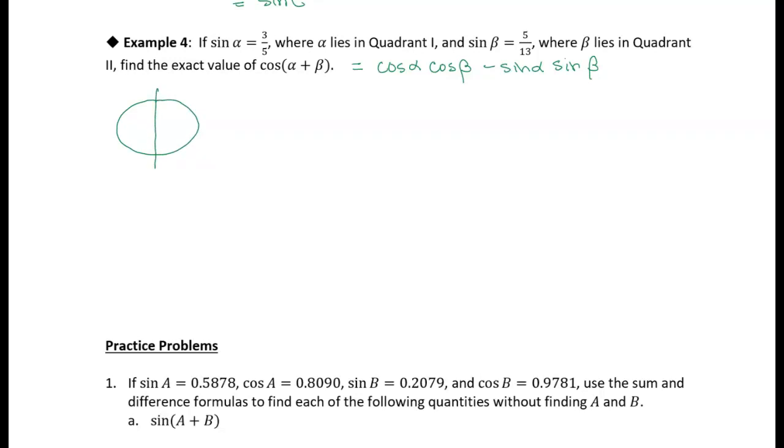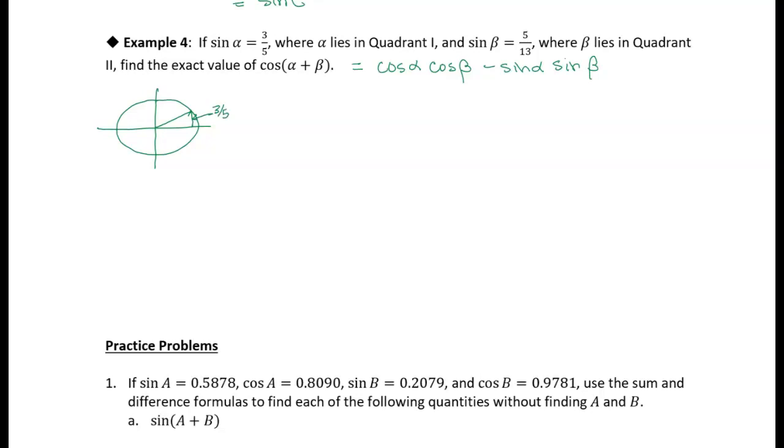and we're told that the first angle is in the first quadrant, right? So that means that I have an angle in which, let me just draw this angle in here, in which the sine, which is the distance above the x-axis, the y value of the coordinate, is equal to 3/5.